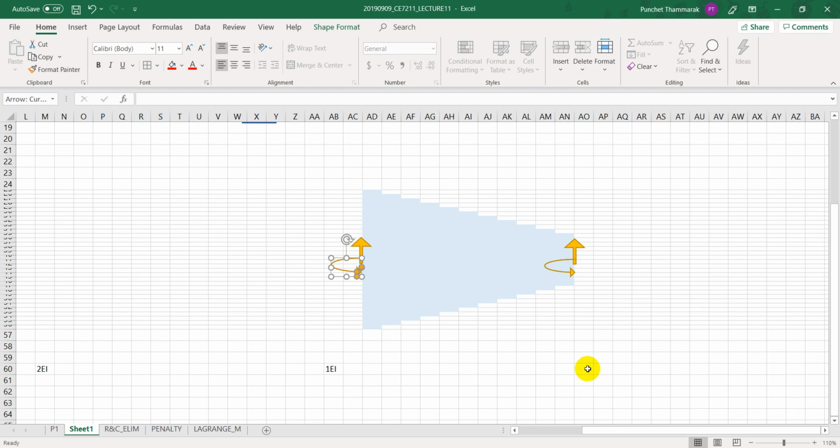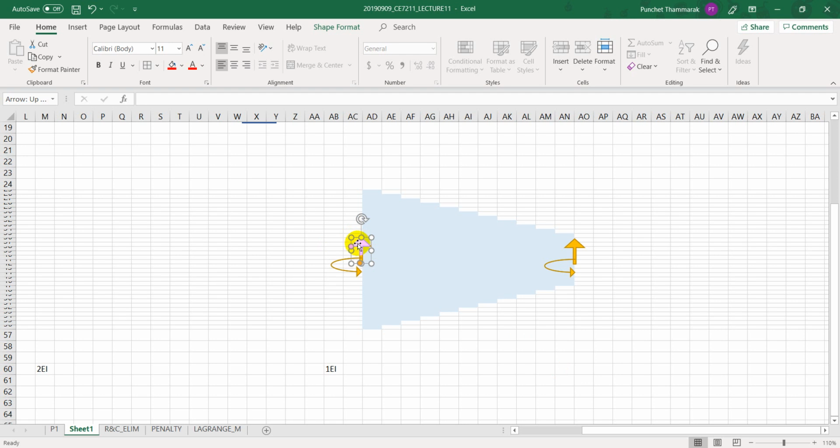You can use Lagrange multiplier because at the end, when you solve everything up, you will get the reactions, right? That will be the force you use in your stiffness matrix. You will enforce this U1 degree of freedom.